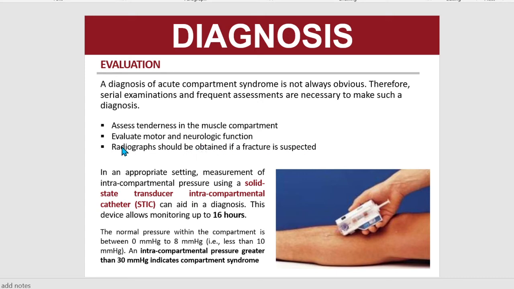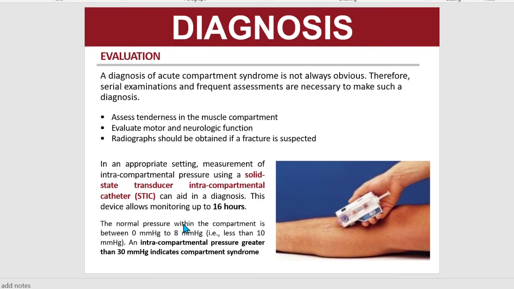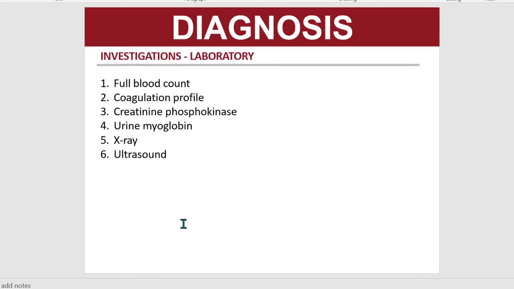First is monitoring the pressure. Intracompartmental pressure greater than 30 indicates compartment syndrome. Investigations: full blood count, coagulation profile, creatine phosphokinase, urine myoglobin, X-ray, and ultrasound.